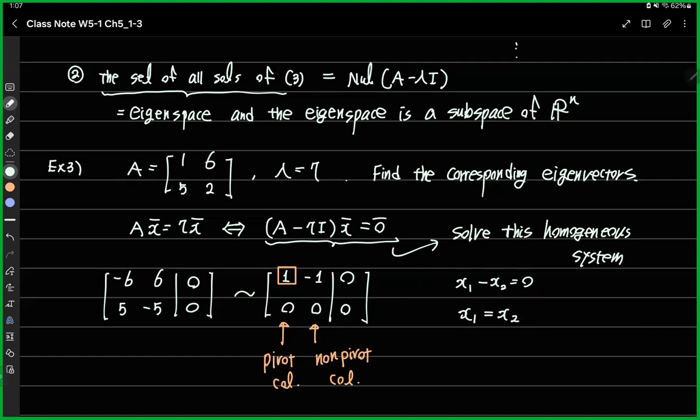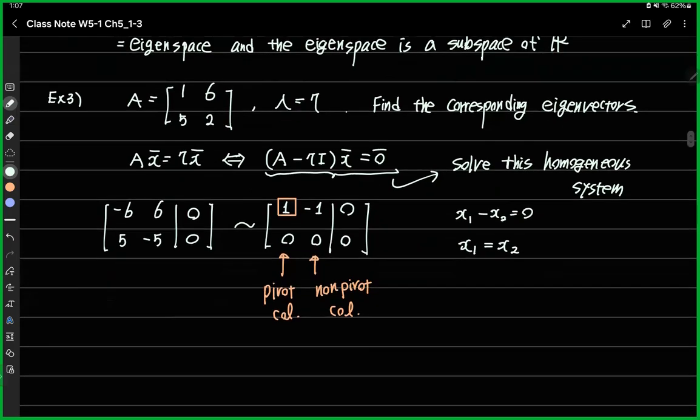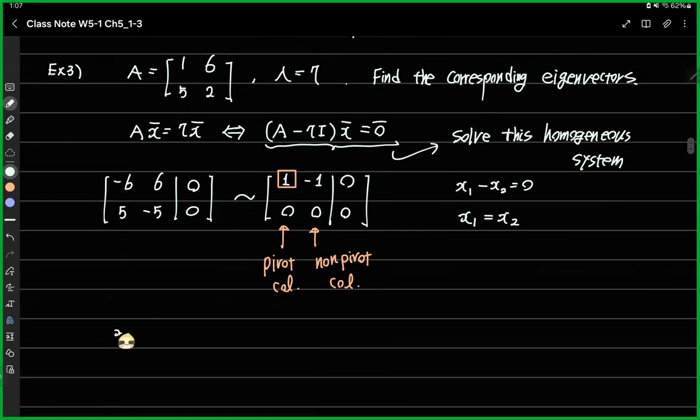Then the eigenvector, I mean the solution vector of that homogeneous system, x1 and x2, is going to be x2 times the vector 1, 1.